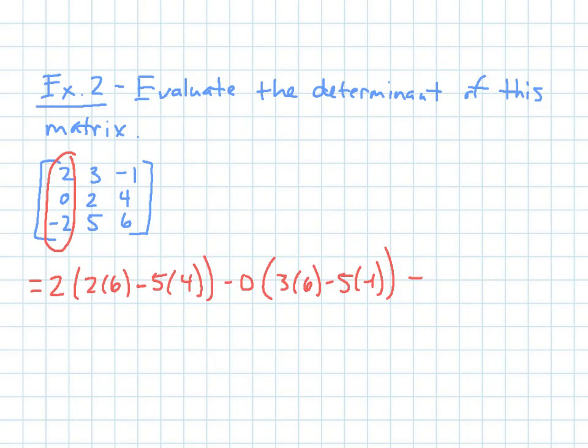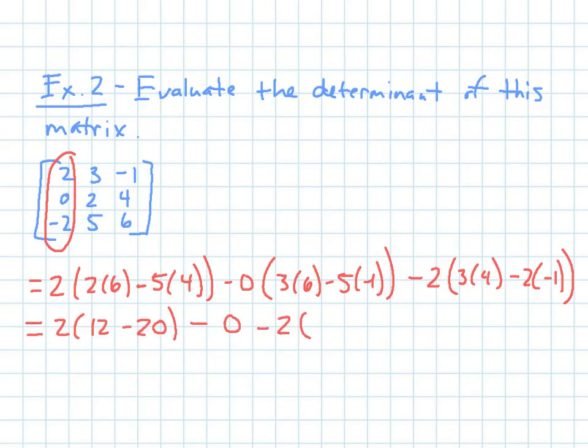So here it says negative, so then 3 times 4, and then minus 2 times -1, okay? And so now 2 times 12 minus 20, minus 0, because that just goes away, minus 2 times 12 plus 2, okay?